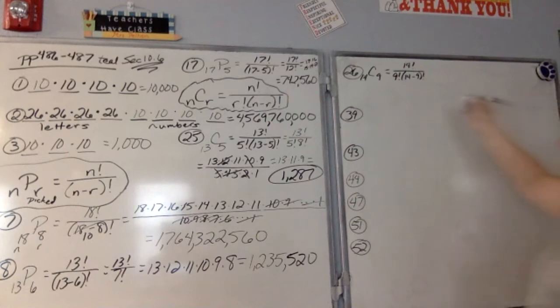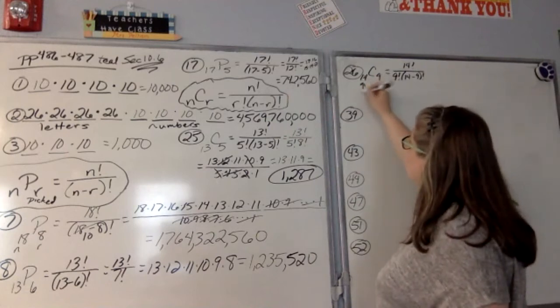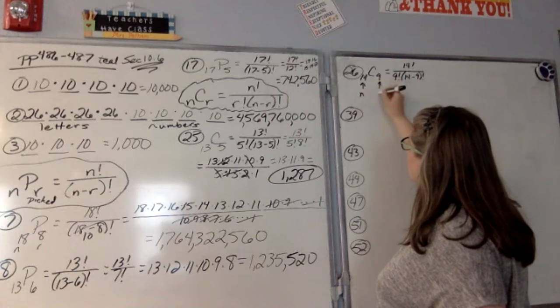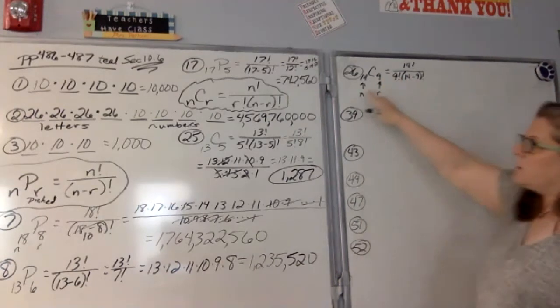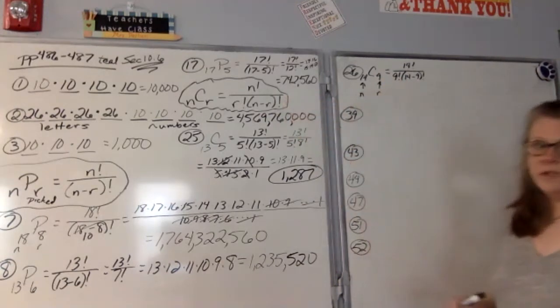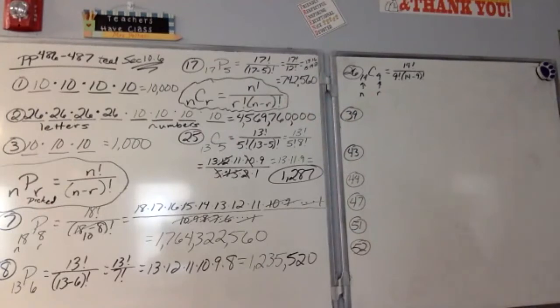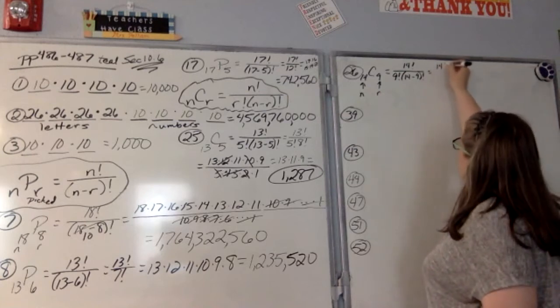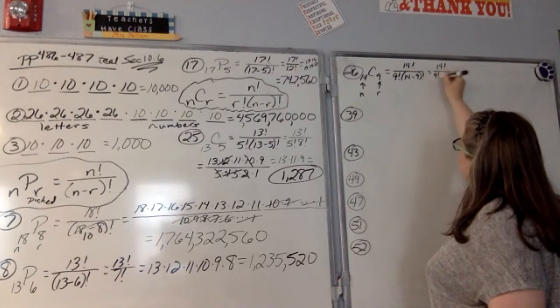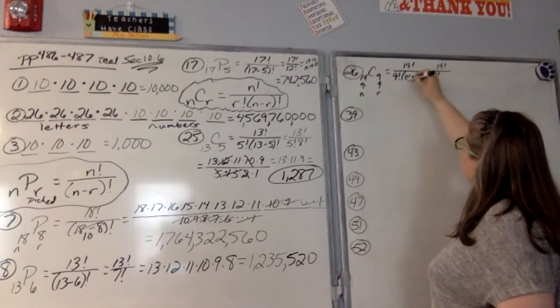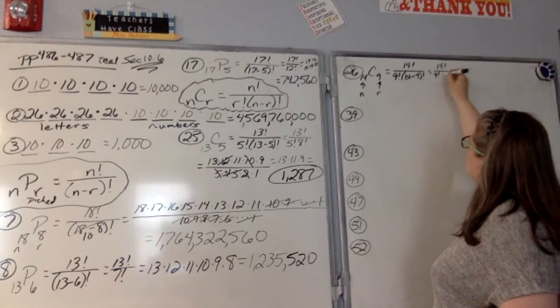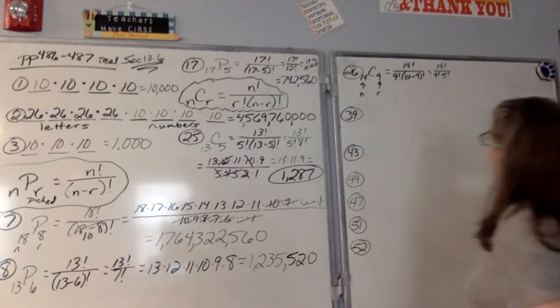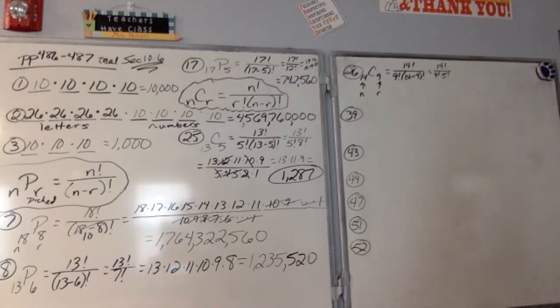The first number, remember, is the N. The second number is the R. You plug them in accordingly into the formula. Now, I'm going to see what I can cancel. But first, I got to do 14 factorial still on the top, 9 factorial on the bottom, and then 14 minus 9 is 5, so I have 5 factorial on the bottom.